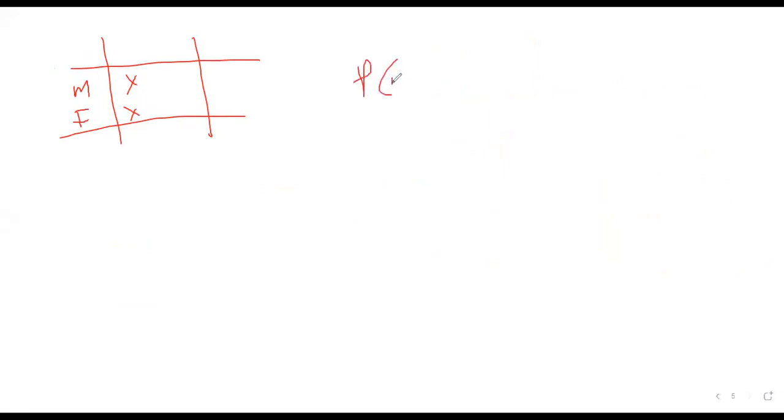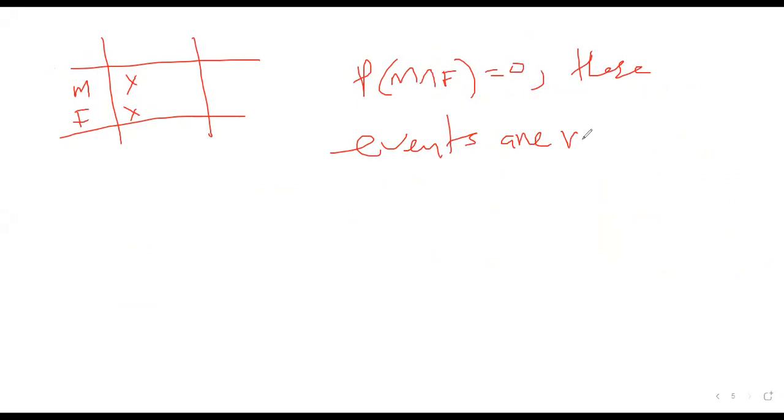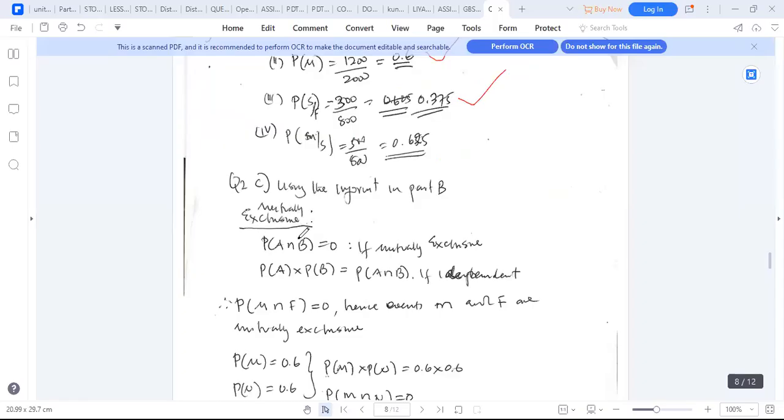So the probability of male intersection female is equal to the empty set, or 0. So we can conclude that these two events are mutually exclusive. I was even asking you to explain why you can't be a male and a female at the same time. It is also impossible in real sense, so mutual exclusiveness is exemplified there.